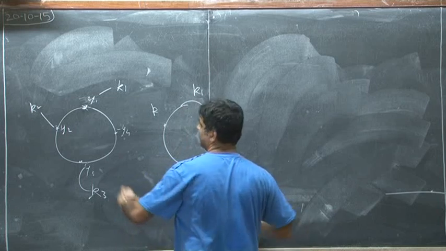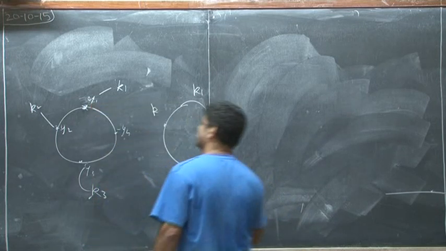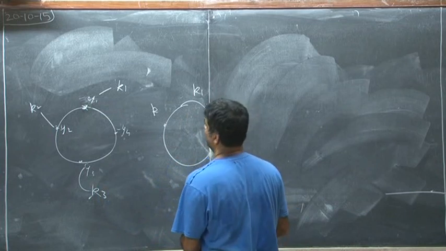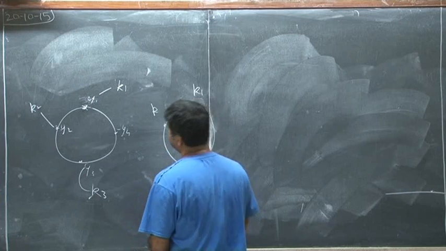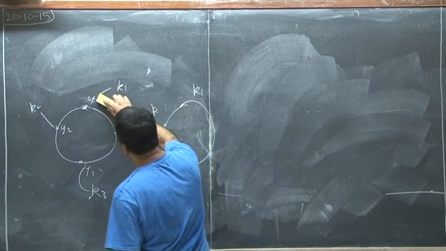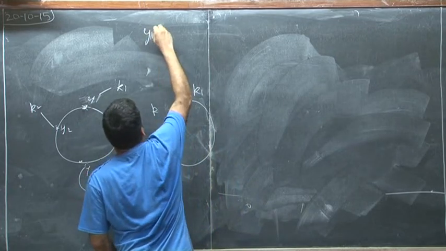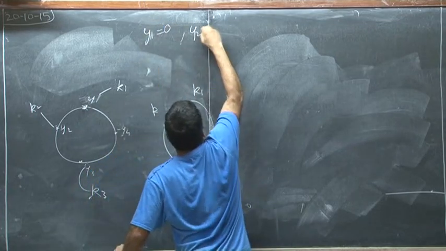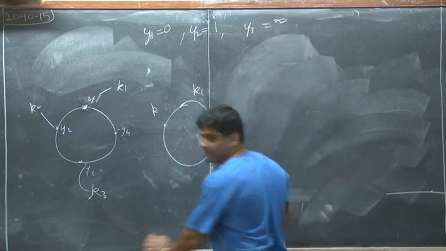So let's say that we use the convention that y1 is always 0. So say y1 is 0, y2 is equal to 1, and y3 is equal to infinity.